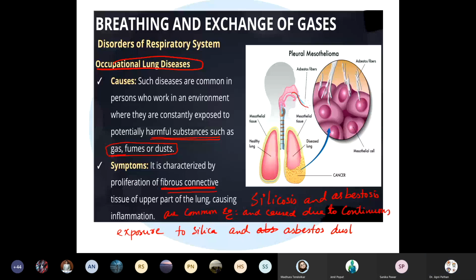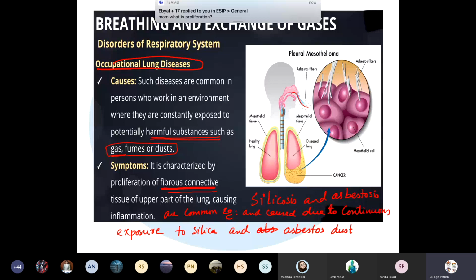What is pleural mesothelioma? Mesothelium is a layer of tissue of the lungs. The lung is surrounded by a covering, the pleural membrane.